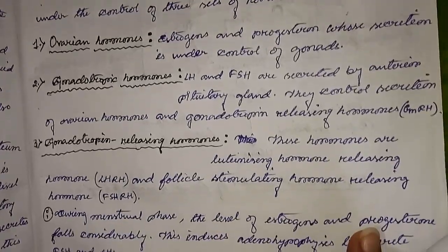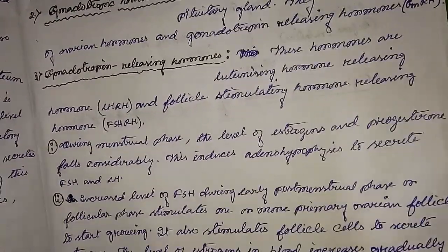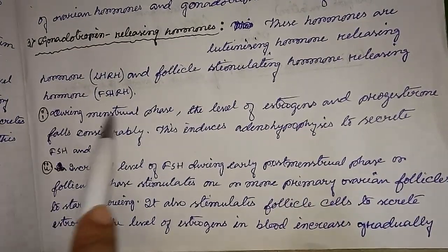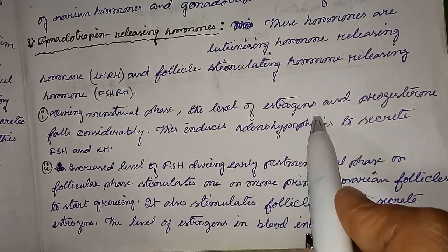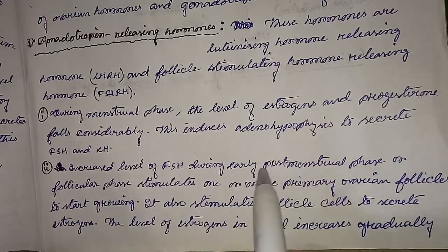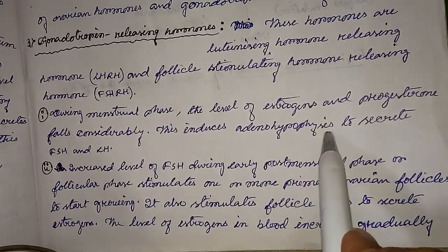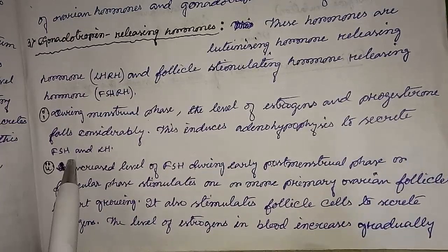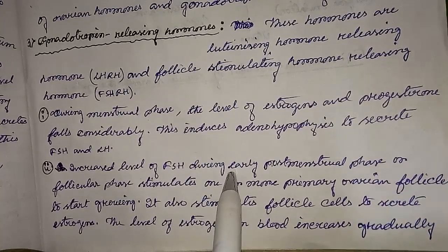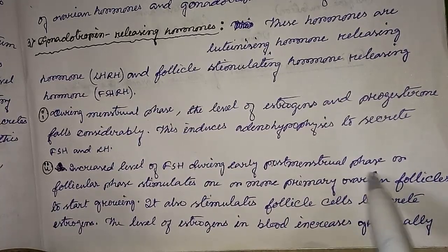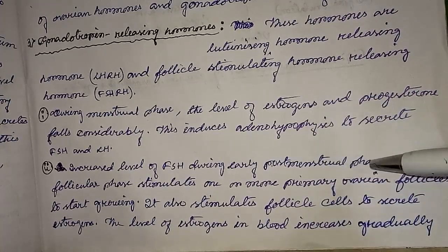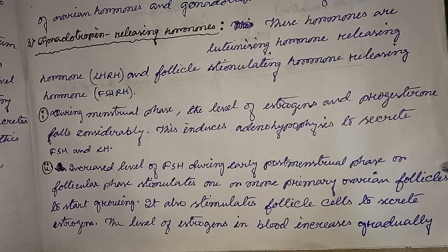Now next, during the menstrual phase, the level of estrogens and progesterone falls considerably. This induces the adenohypophysis to secrete FSH and LH. Next, increased level of FSH during the early postmenstrual phase or follicular phase stimulates one or more primary ovarian follicles to start growing.